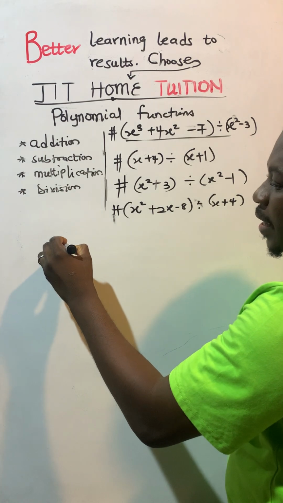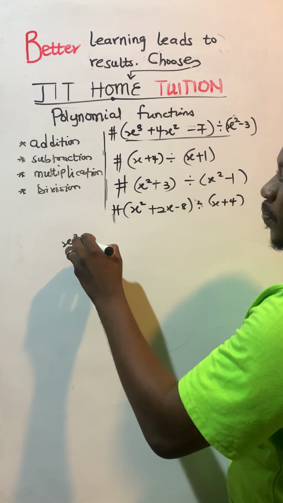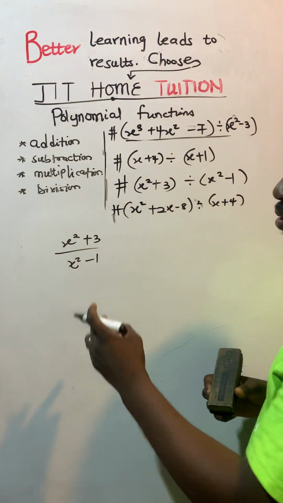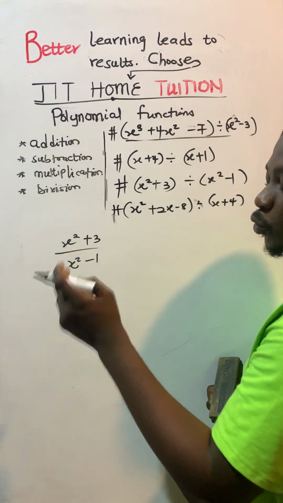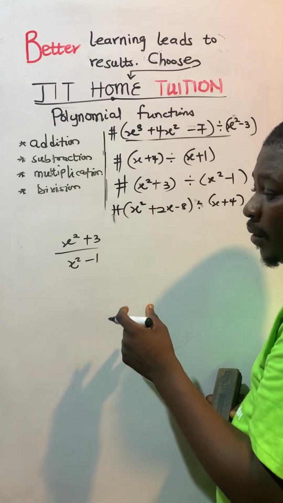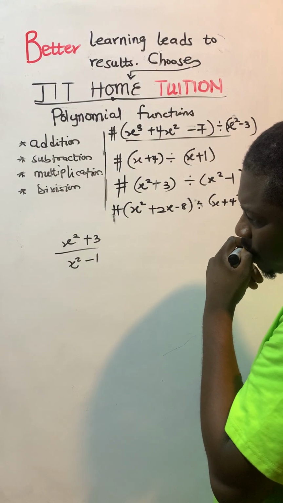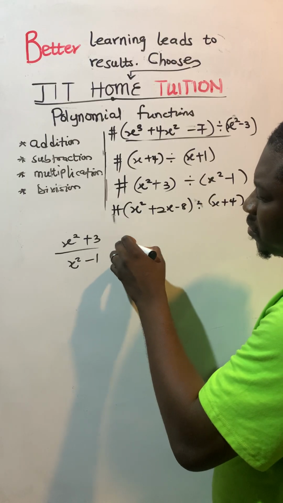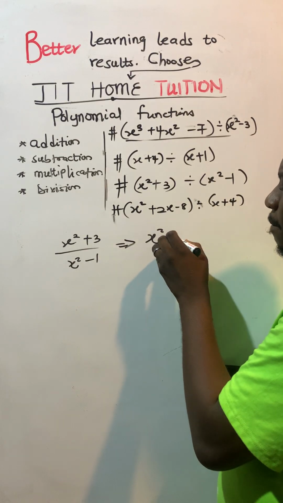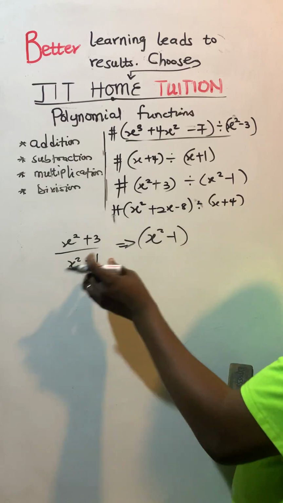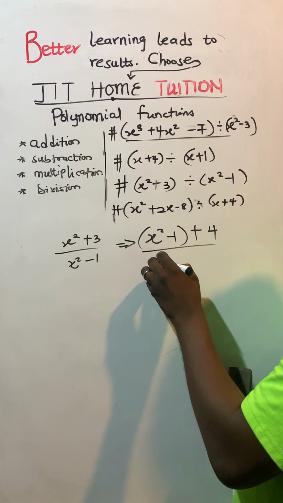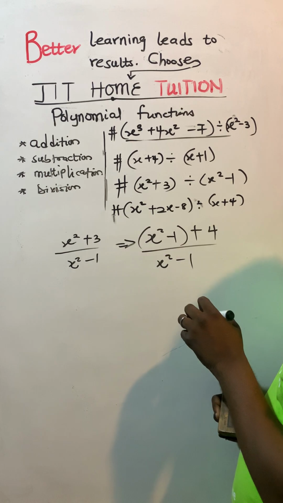You have x squared plus 3 on x squared minus 1. Now you can see that here the power is 2, power 2, so they are not necessarily improper. You look at it carefully, then you can write x squared minus 1 plus 4, all divided by x squared minus 1.